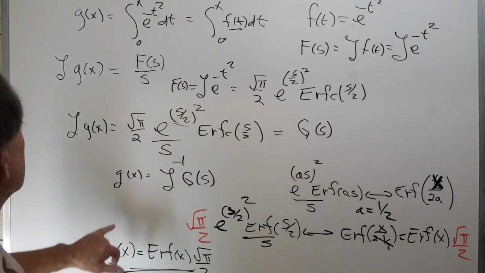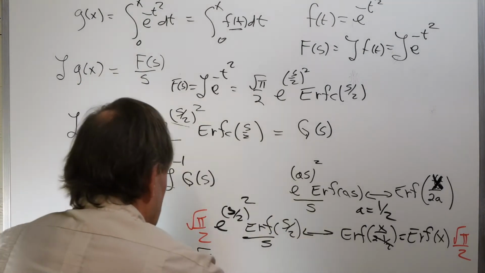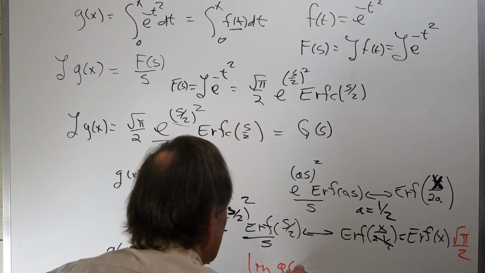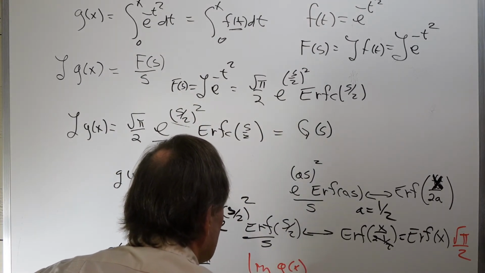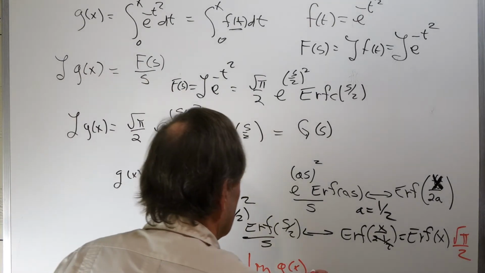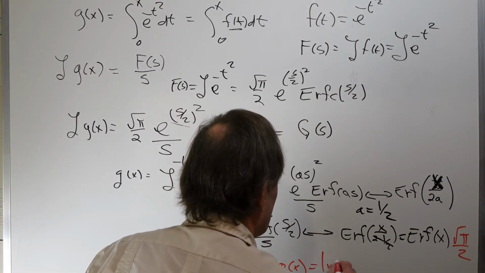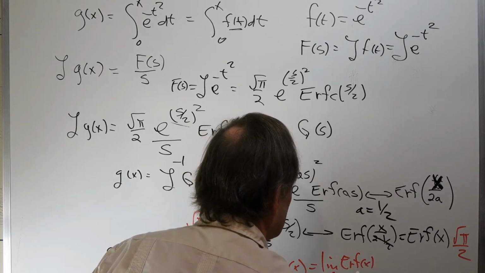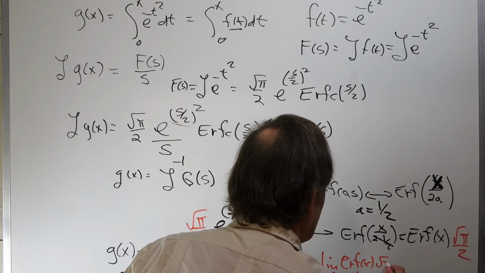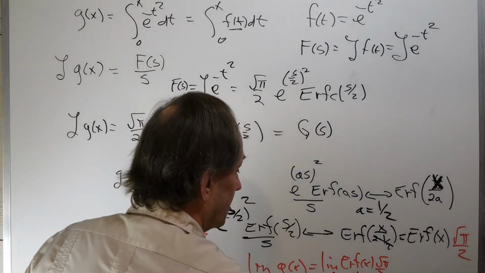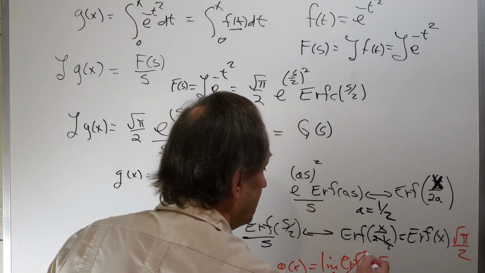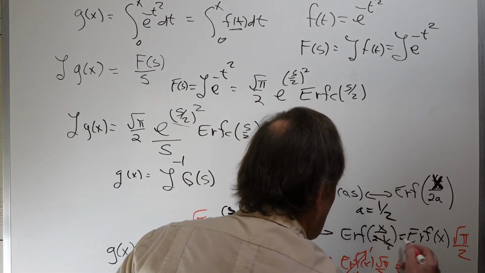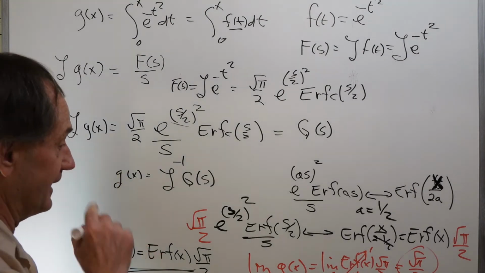So the limit of g of x as x goes to infinity is just the limit of the error function of x as x goes to infinity times the square root of pi over 2. And the error function goes to 1. We're left with the square root of pi over 2, which is the value of a that we had originally.